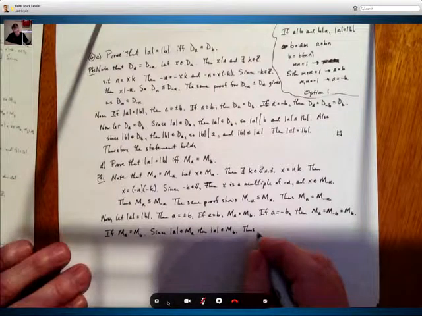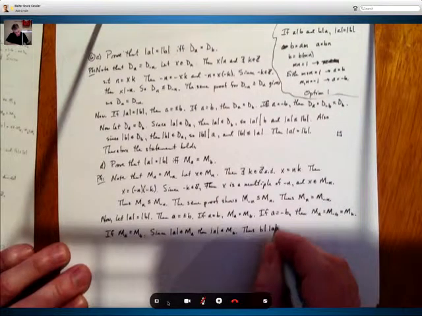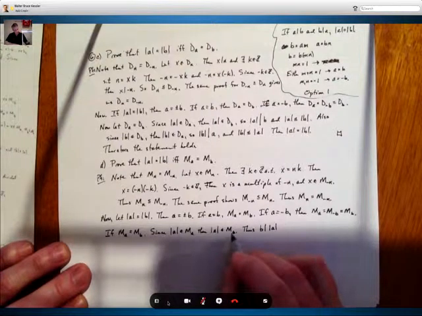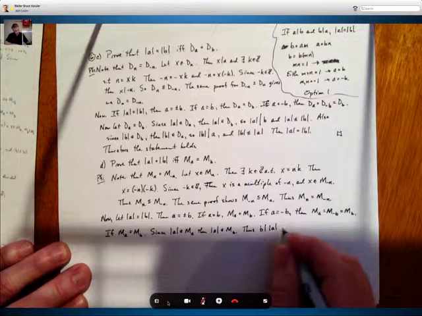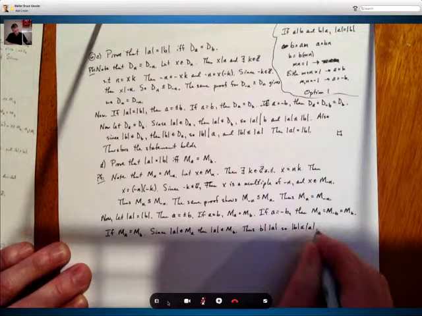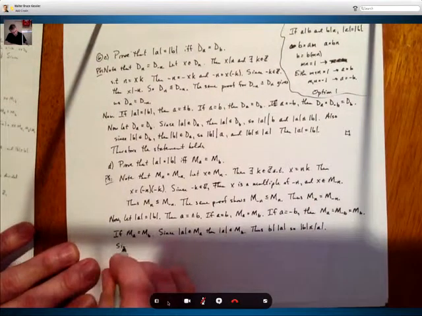Thus, b divides the absolute value of a. That's what we mean by this, right? That this is going to be divisible by b. So the absolute value of b is less than or equal to the absolute value of a.